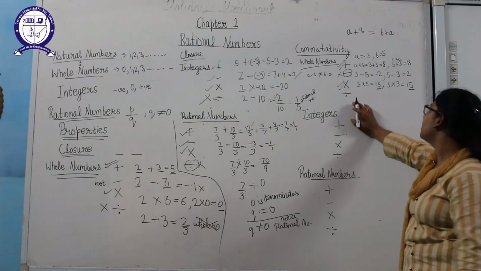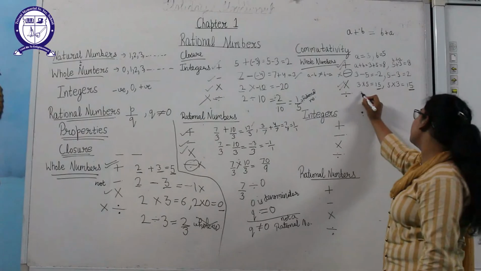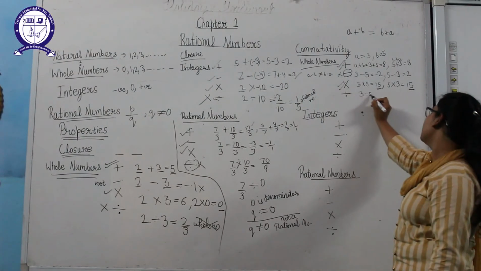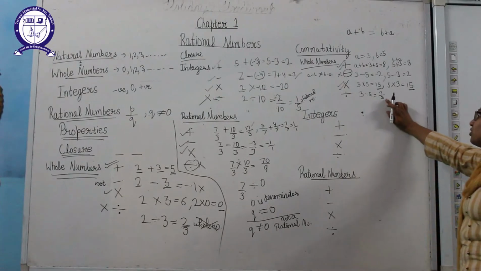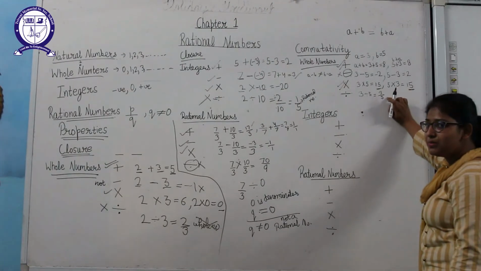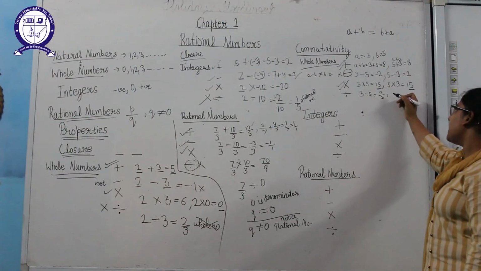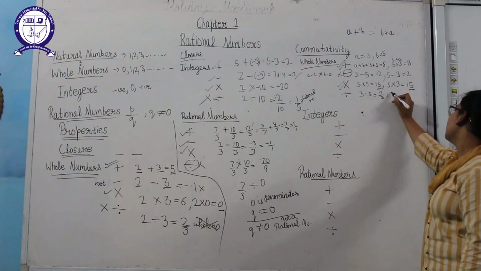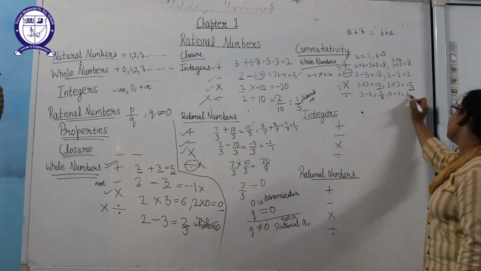Now we will talk about division. What will be the answer if we divide 3 divided by 5? We will get 3 by 5. Here also we go wrong because 3 by 5 is not a whole number. Okay. Now we will do B divided by A, means 5 divided by 3, which is 5 by 3.